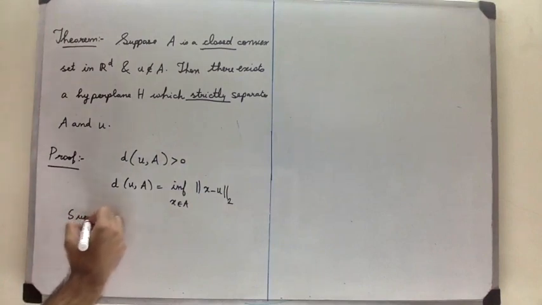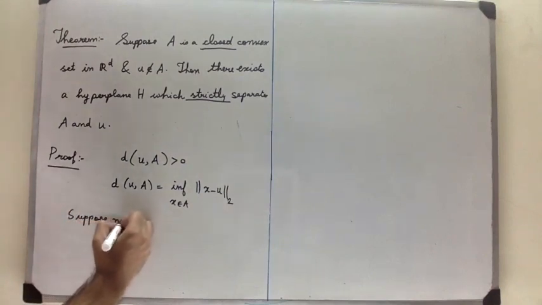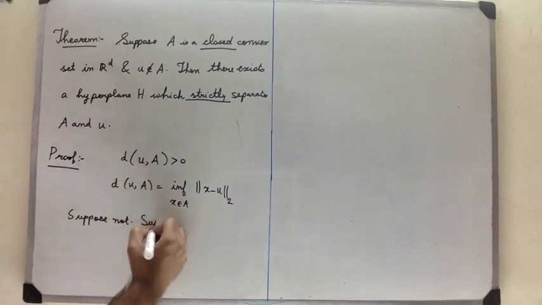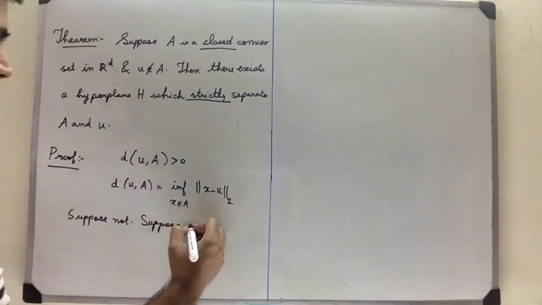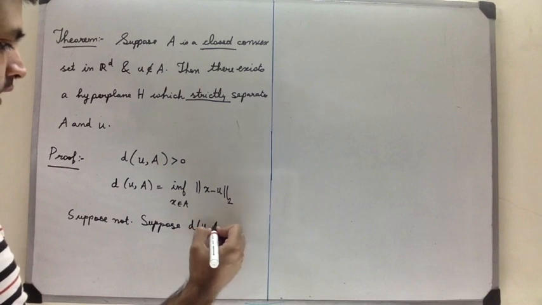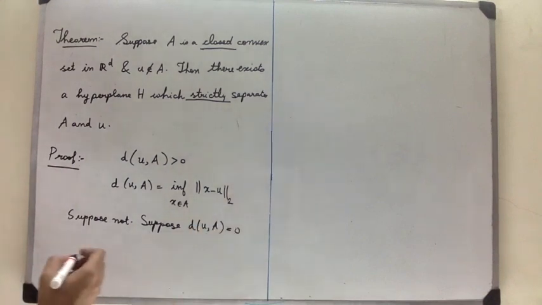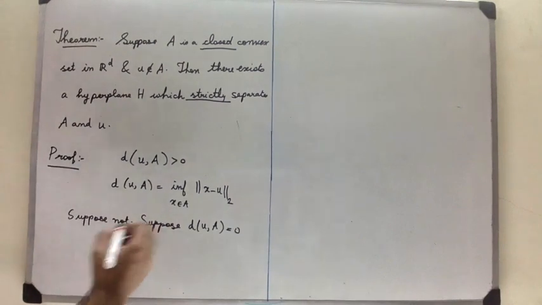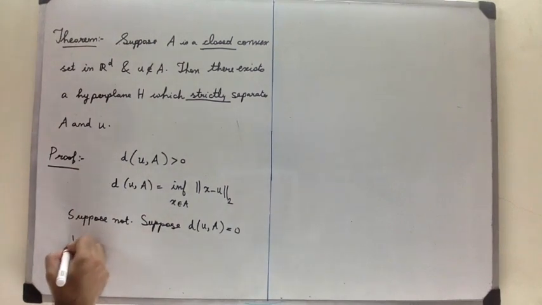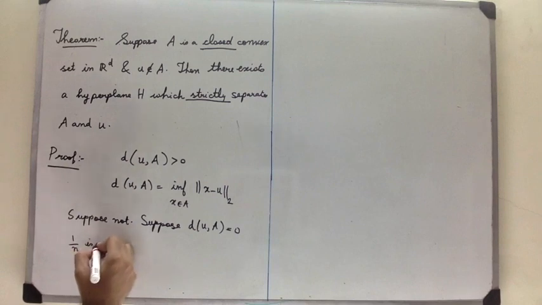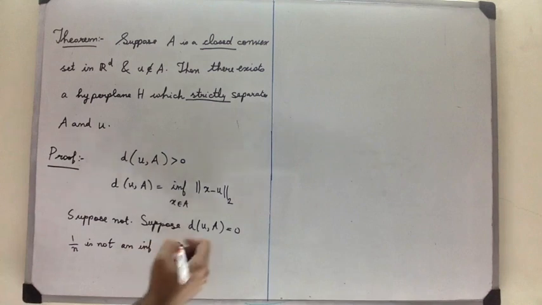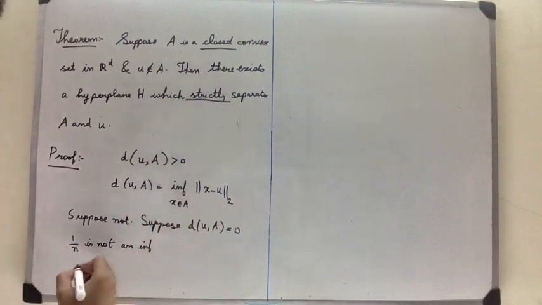Suppose that d(u, A) is indeed 0. This means that 1/n is not an infimum of this distance.